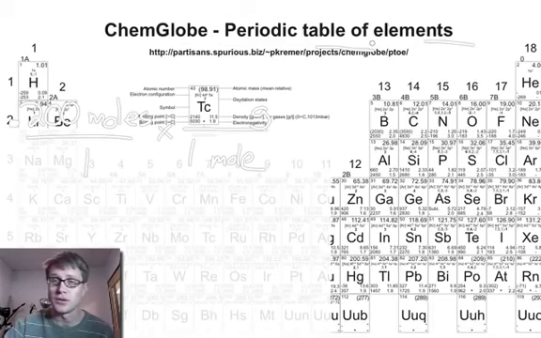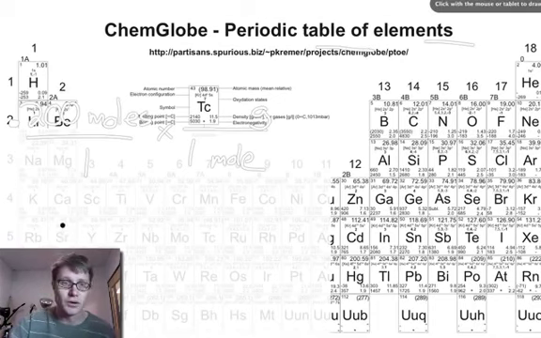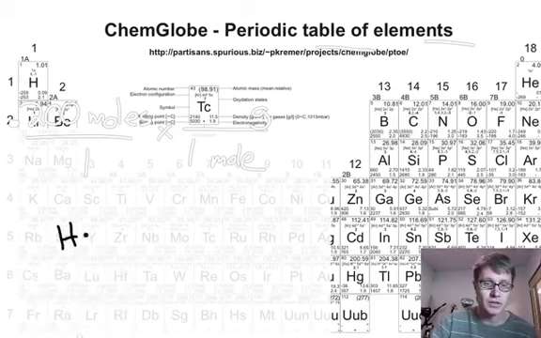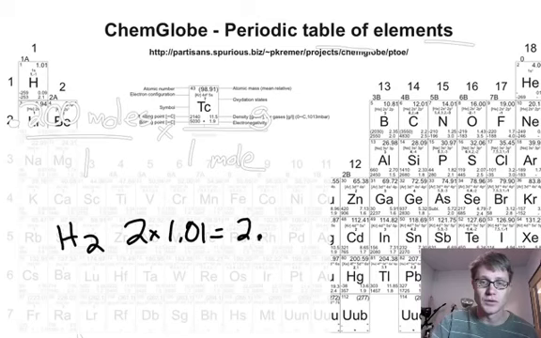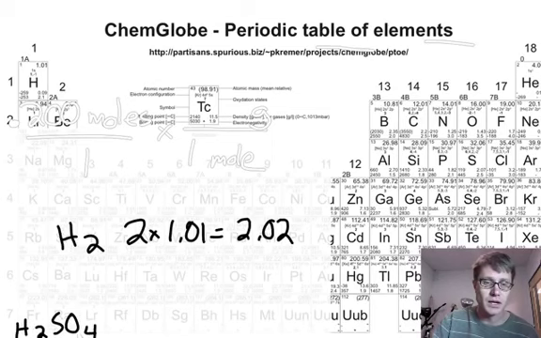So H2SO4, as I find my periodic table, and let's switch colors. H2SO4 is going to have 2 hydrogens, and so there's 2 of these 1.01, so that's going to be 2 times 1.01, which is equal to 2.02. Also in H2SO4, we've got 1 sulfur. So I find sulfur on here. Sulfur has a mass of 32.06.